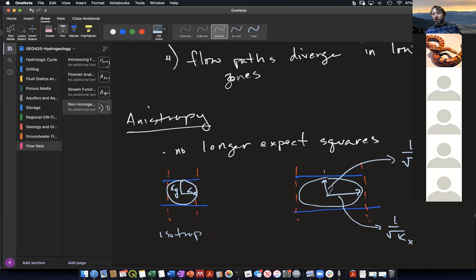So as my hydraulic conductivity gets larger, it doesn't make a lot of sense to me.